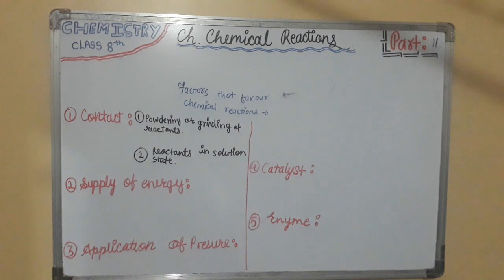Reaction in solution state. So first, powdering or grinding of reactants. This increases the effective surface area of the reactants and hence the extent of contact increases. Consider the reaction of hydrochloric acid with large marble chips and smaller marble chips to understand it.